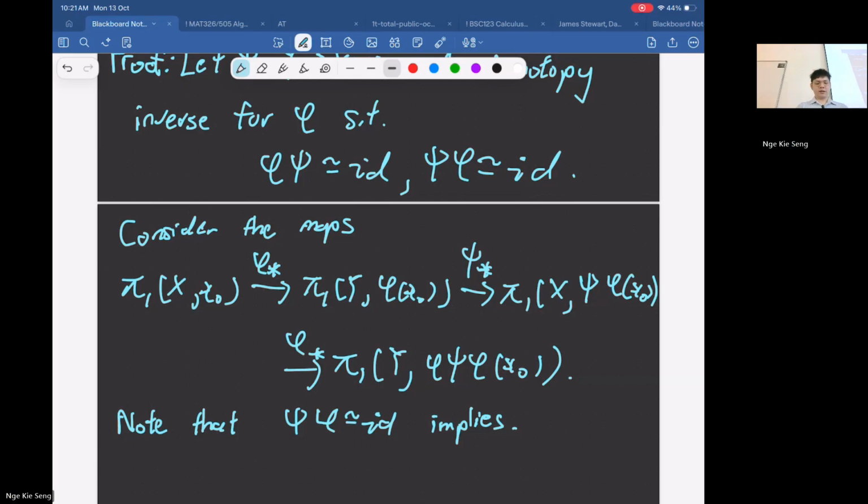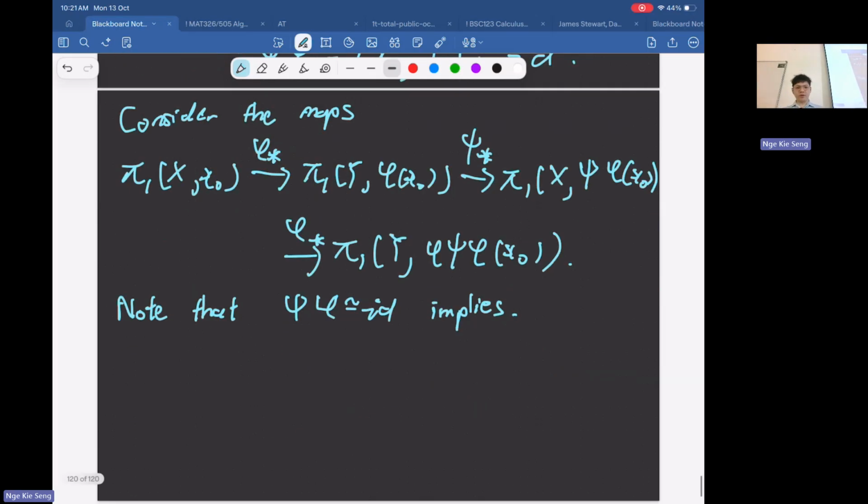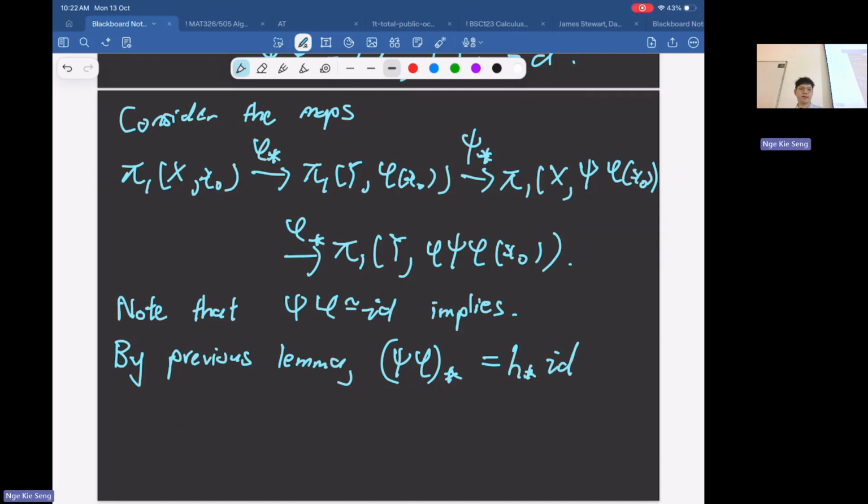So these two are homotopic, right? Just now, what do we know about homotopy between maps from previous lemma? If you look at this phi star here, it is equal to a conjugation, on the identity.